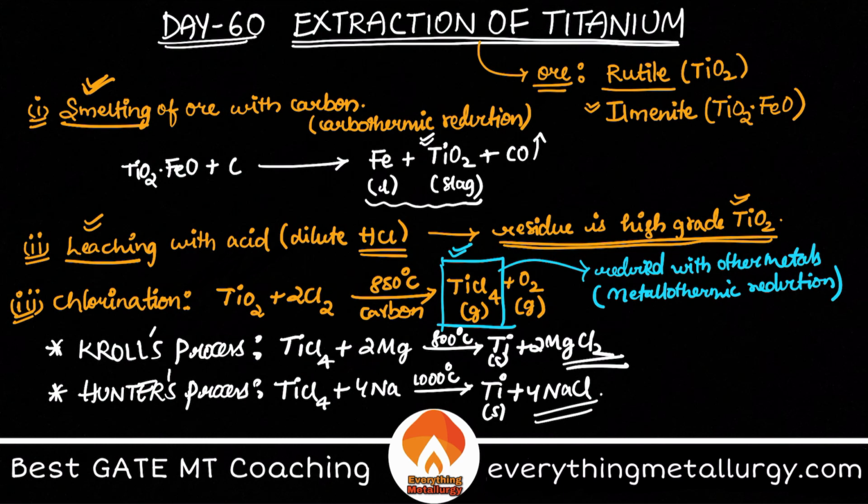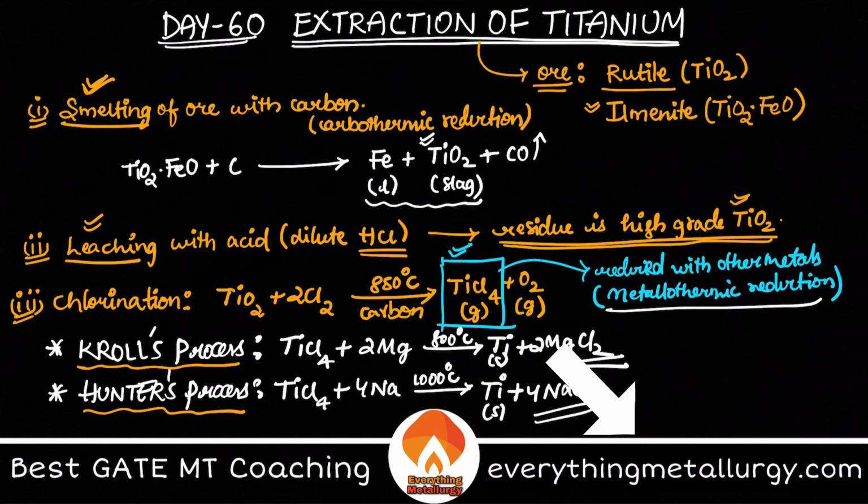This high grade TiO2 is further chlorinated to form TiCl4 vapors, one of the major sources used for commercial extraction using metallothermic reductions, namely Kroll's process, using magnesium as the reducing agent, and Hunter's process, using sodium, so that pure titanium metal can be extracted. So this is the overview of extraction of titanium.